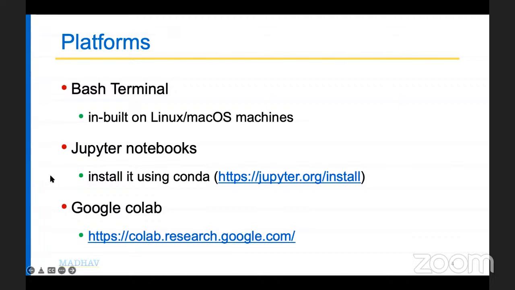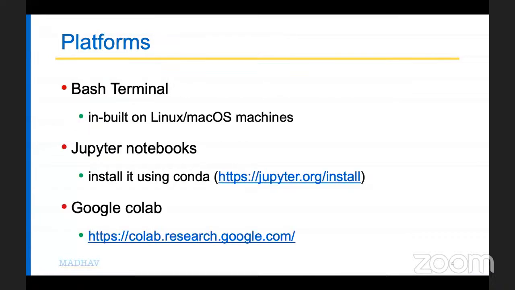If you don't want to install on your machine and you have an internet connection, then Google Colab is also a very good option. You can directly go to this web link, which I have given here, and start working there. It will open the notebook for you, and it will be saved in your Google account. It's a very convenient way to do programming.